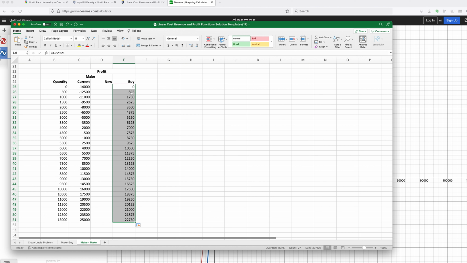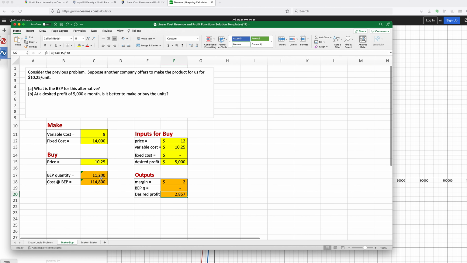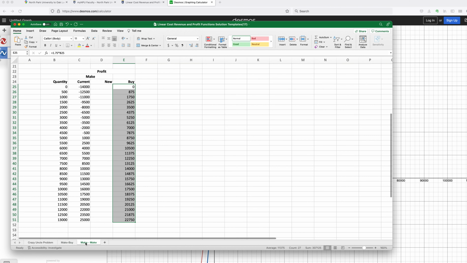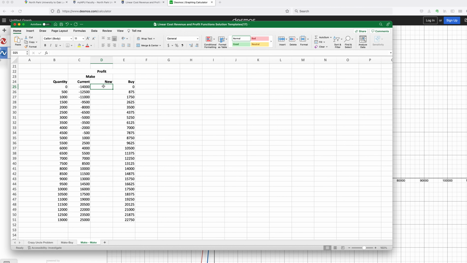So you can see it really is more profitable to buy than our current making situation until we get to 11,000 something, right around here, between 11,000 and 11,500. If we look at it, where was it? 11,200. So that tracks. Now, the new system, what is that?